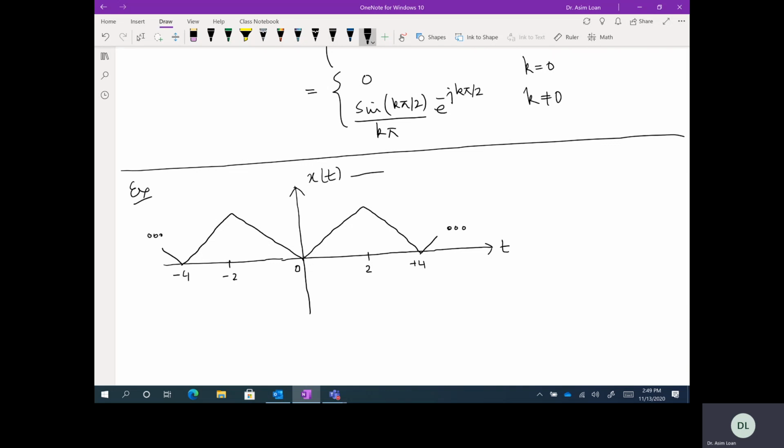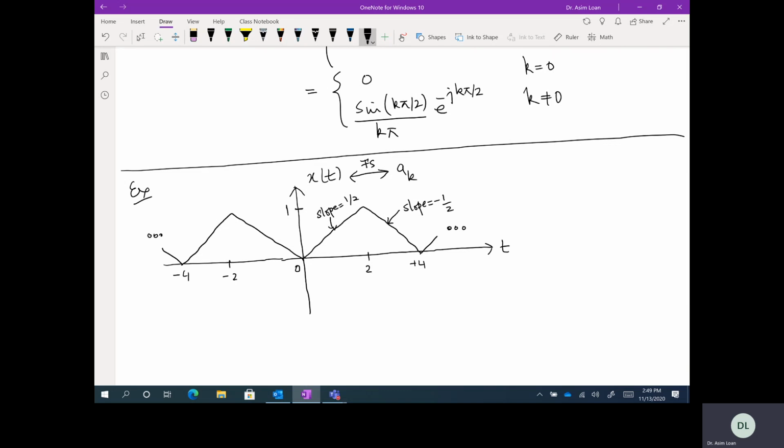And again for this x of t, the height is 2. This height is 1. This height is 1. Slope here is half. Slope here is minus half.